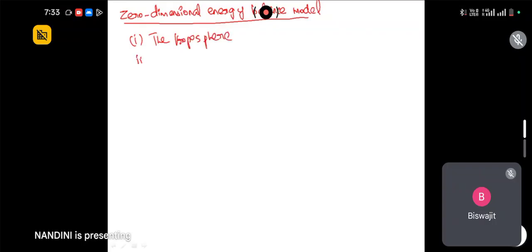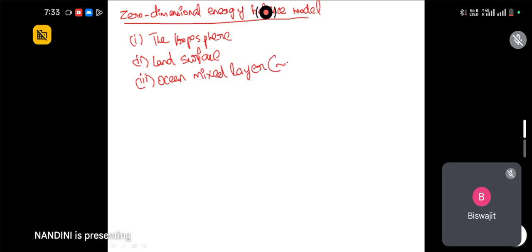It has the land surface, and third, it has the ocean mixed layer, which we are assuming is approximately 100 meters deep. So this system, which combines all these three different surfaces, is what we are considering as the climate system.